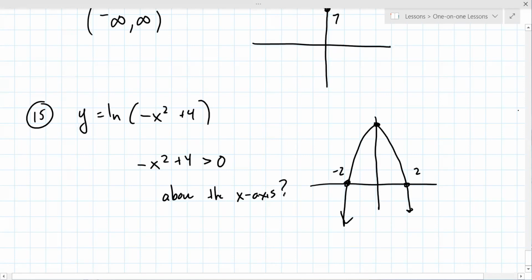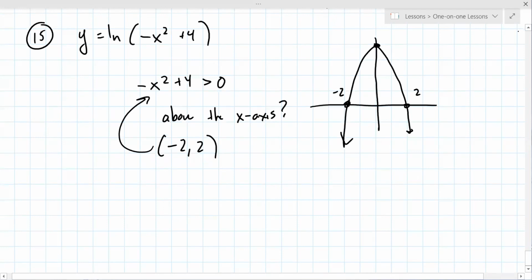To the right of -2 and to the left of 2. Yeah, so in this window from minus 2 to 2. So that's the answer to this. Now there's another way to do it where you have to do some factoring, but this works pretty well. To be clear, this is the answer they're looking for, the domain. Oh, okay. You got -2 and 2.